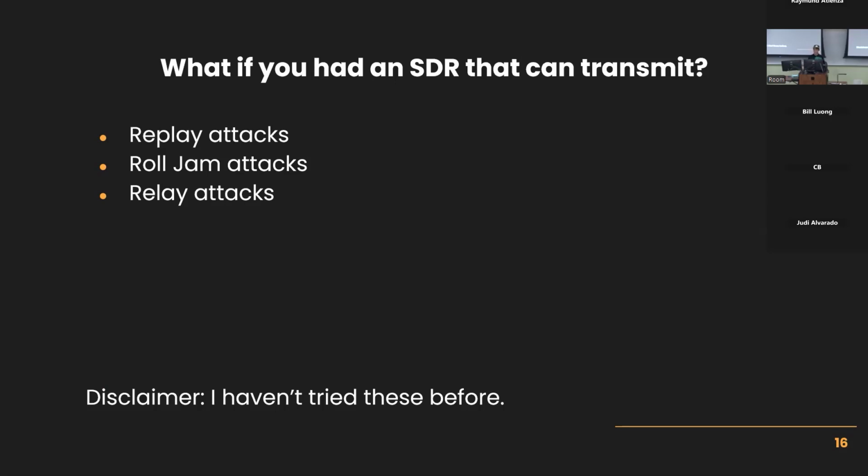Now let's set up a scenario where you have a car and you want to copy the key fob. If the key fob were pressed and you were listening at the right time and the right frequency, you could capture that key fob signal and replay it at a different time.